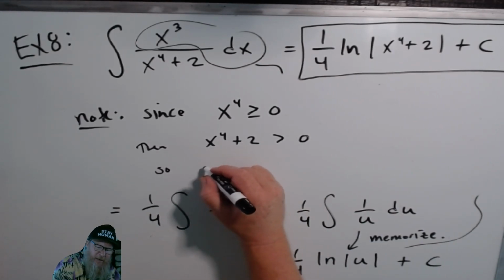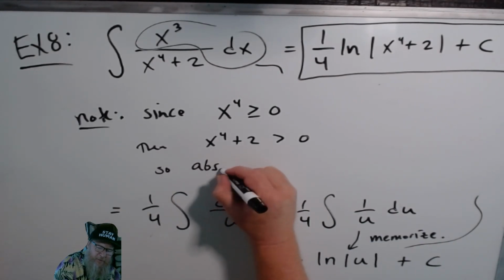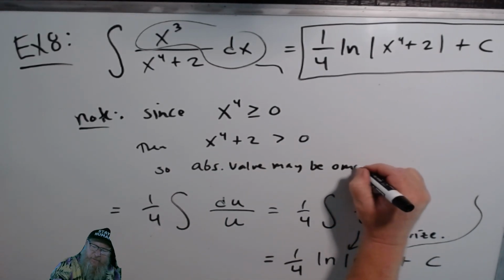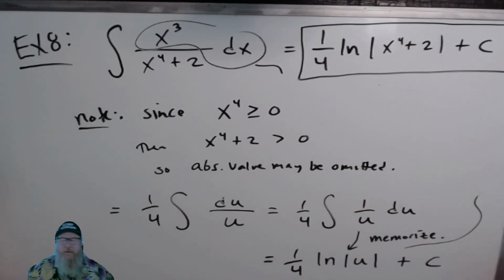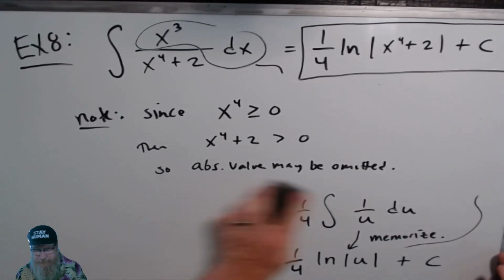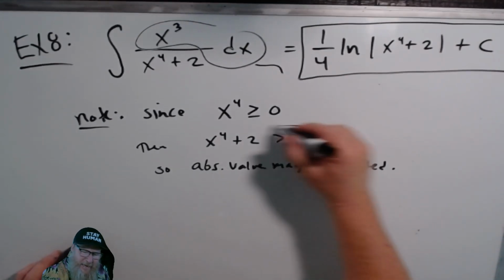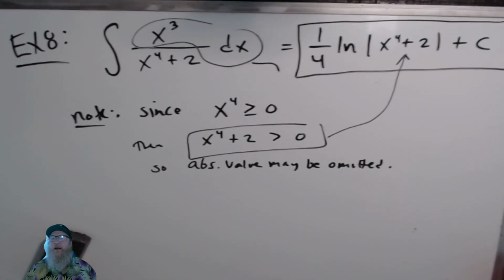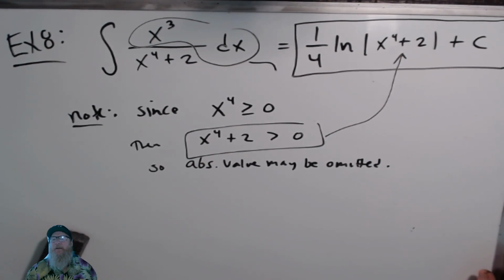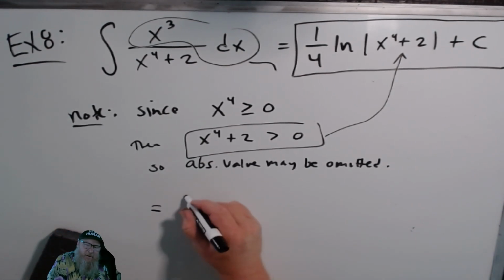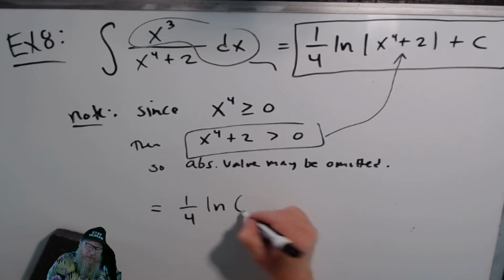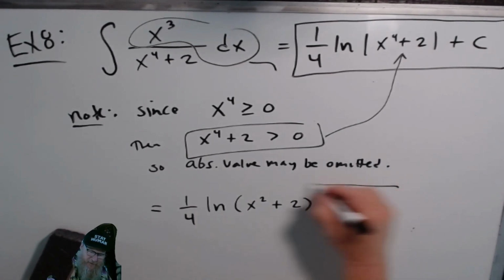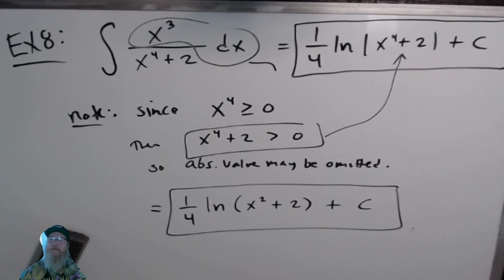So the absolute value may be omitted. That's only if the inside of the logarithm is always greater than 0. You may omit it. So another version of the answer is omitting the absolute value, and this would also be correct.